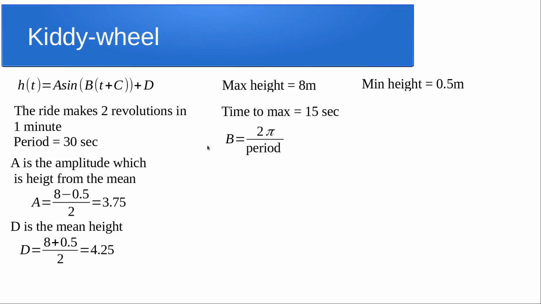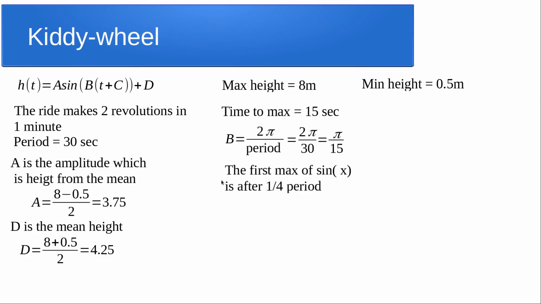Then we're talking about the period again. Here again, we've got these things here. We're talking about features of our graph, and then putting that 30 in there, we get our pi over 15. And C, the time to the first max of sine x is after a quarter of a period. So what I'm talking about there is the shape of a sine graph.